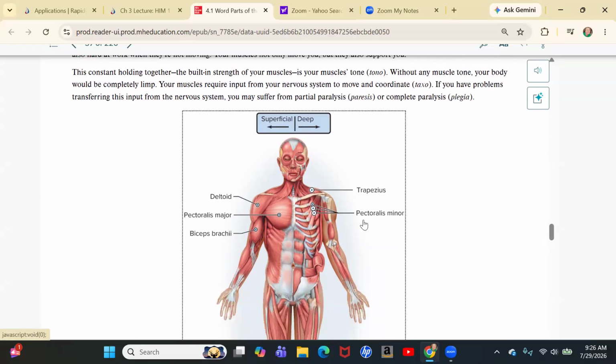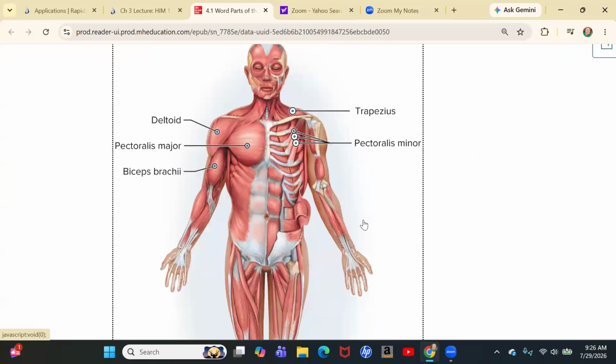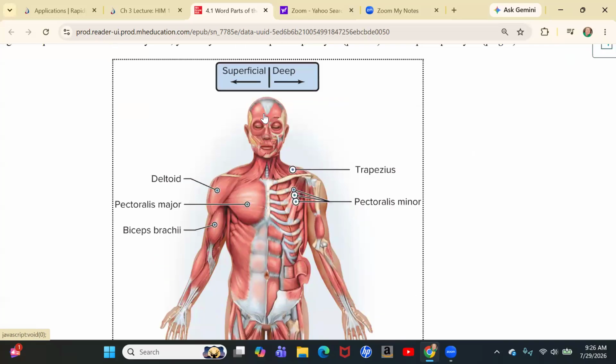This is an example here of the muscular system, and notice how on the left-hand side, these are superficial muscles, and on the right-hand side, you have deep muscles. The muscular system is in different layers, so it's almost like peeling back an onion.